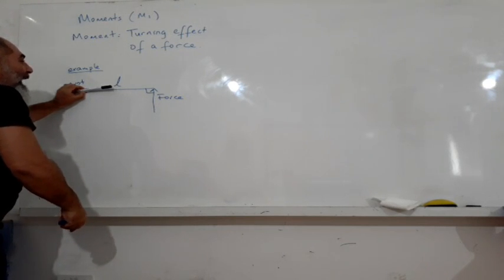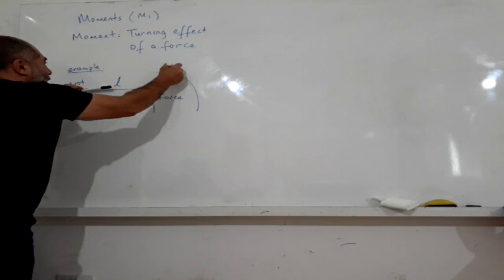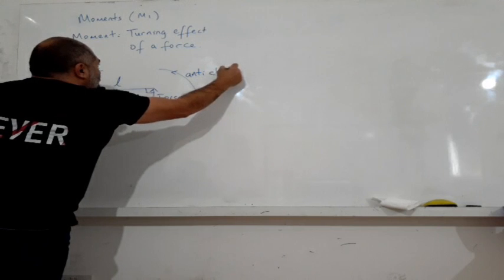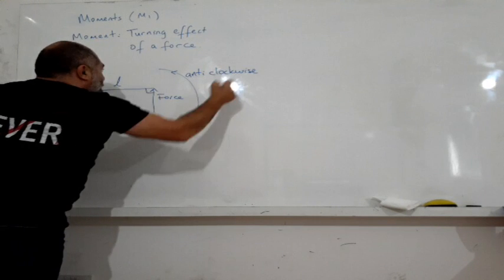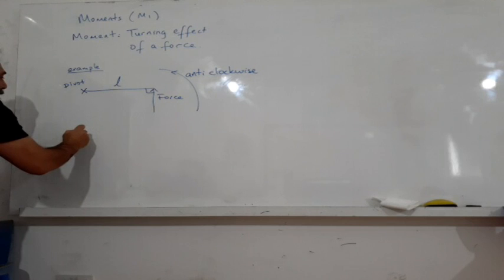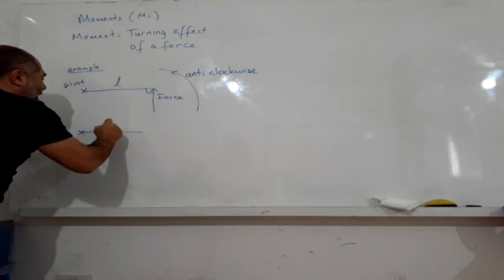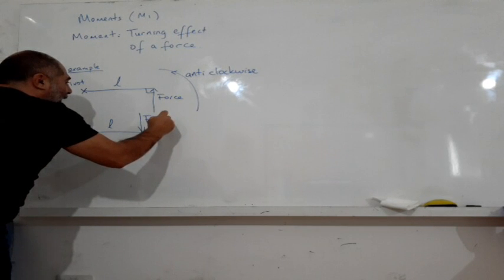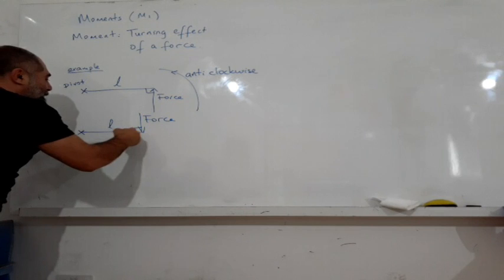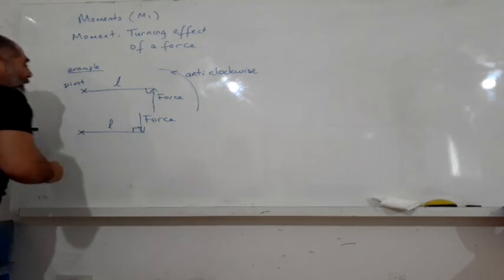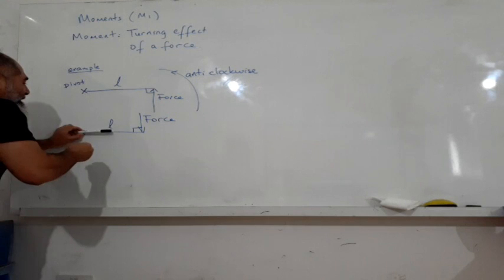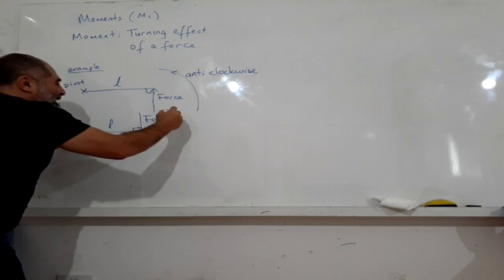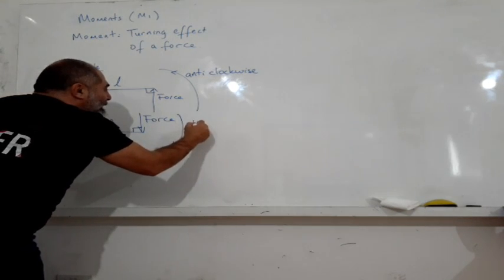Either anti-clockwise or, in this case, again, if we apply a force perpendicular to the length, to the rod or to the plank, as in this case, it is going to turn in the clockwise direction.